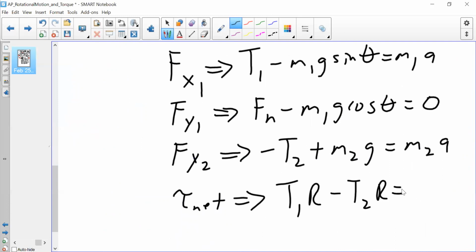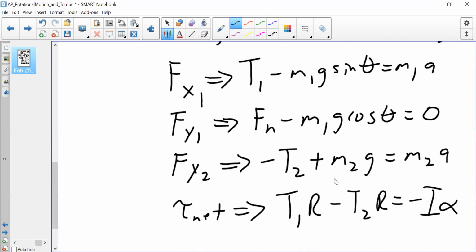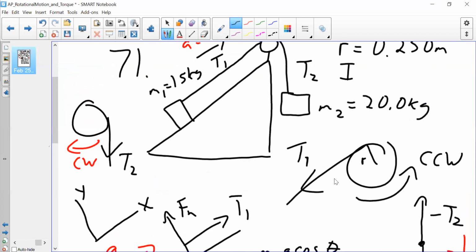And since the whole system moves in the direction of T2, the net torque in the system is going to be clockwise. So the entire spin will be a net torque. The net torque will be clockwise. So negative I times alpha. Okay. Is everybody comfortable with that?